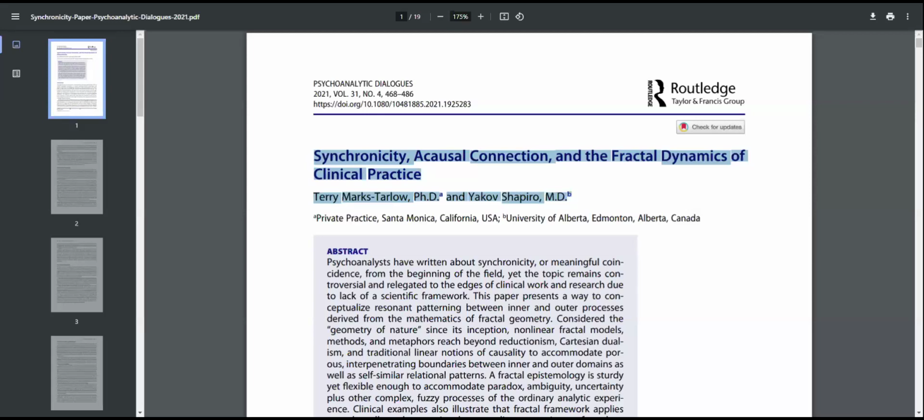Now we'll continue to read on the first column of page 39 of Fractal Geometry as a Bridge Between Realms. Might as well bring that up as well.